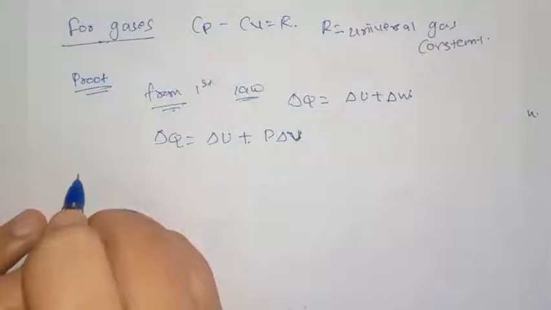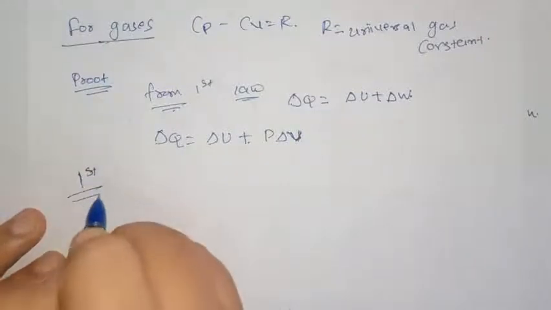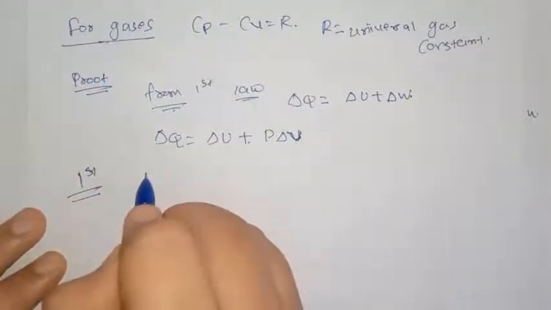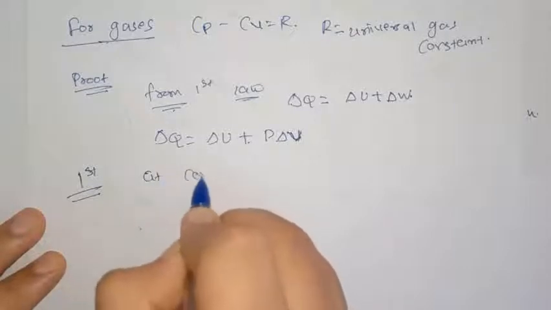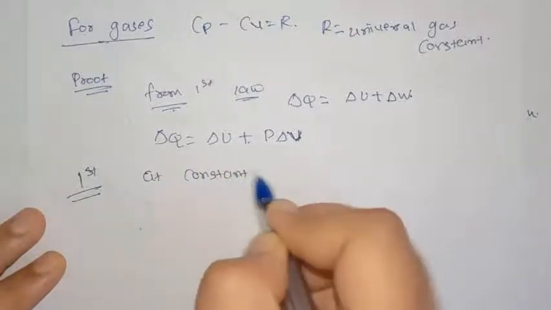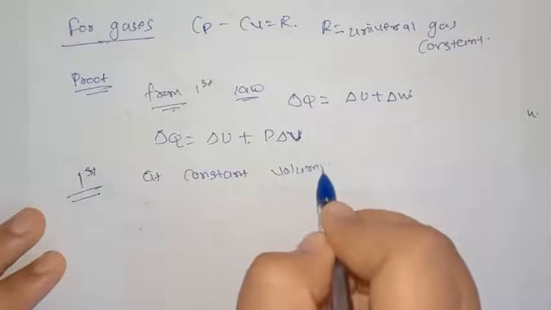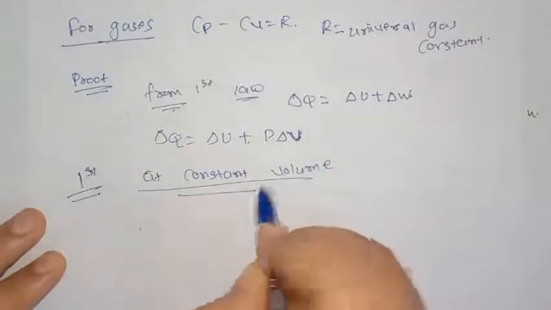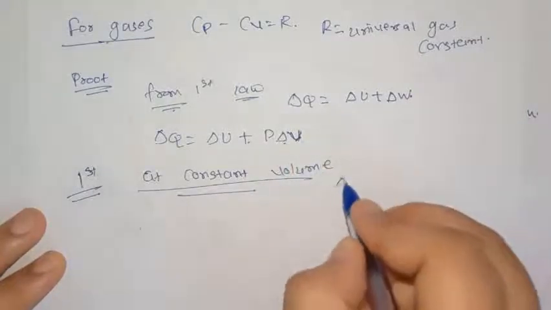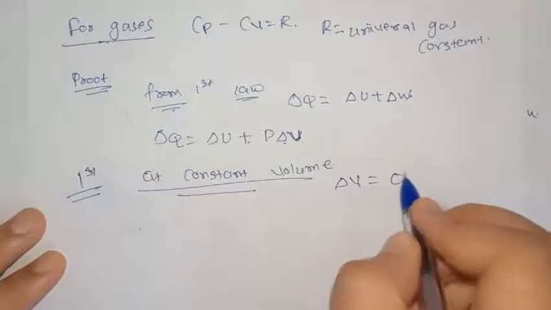Now let us take the first case in which we are taking values at constant volume. So at constant volume, delta V will be 0.